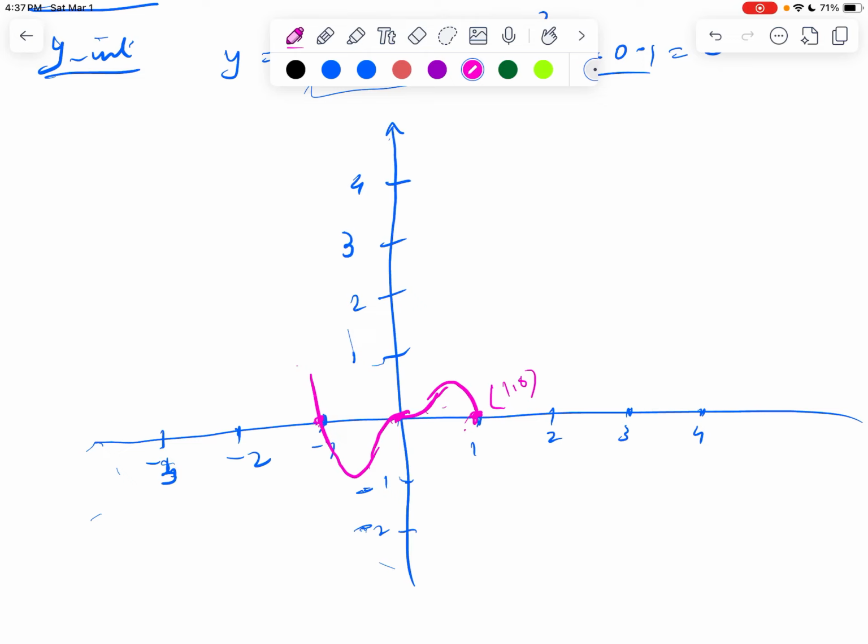Why? Several reasons. One reason is that the multiplicity of 1 is 2. So it has to bounce back. Touch the 0 and bounce back. And then also the end behavior showed us that the function over here should be going like that, not like this. Not like this. Okay?